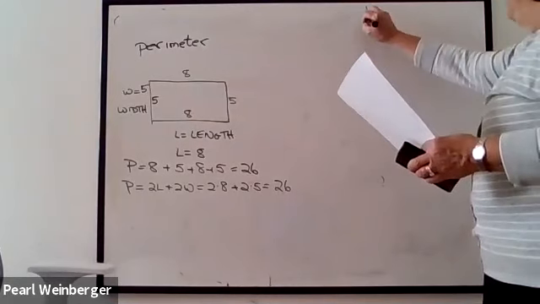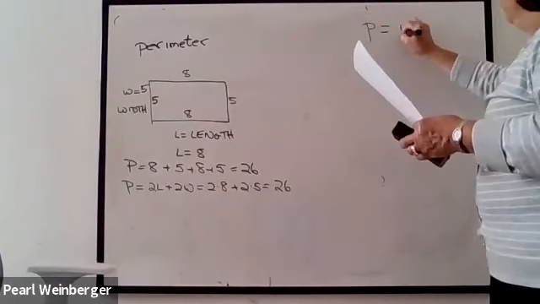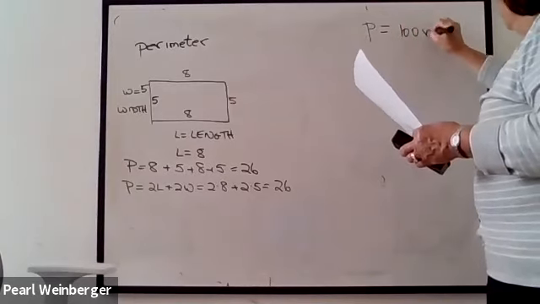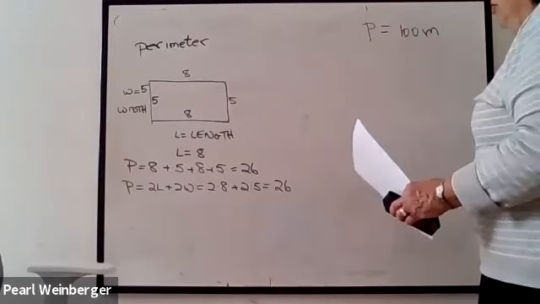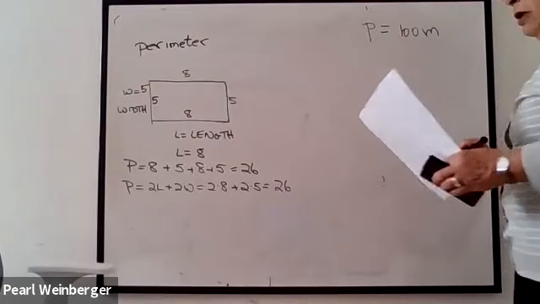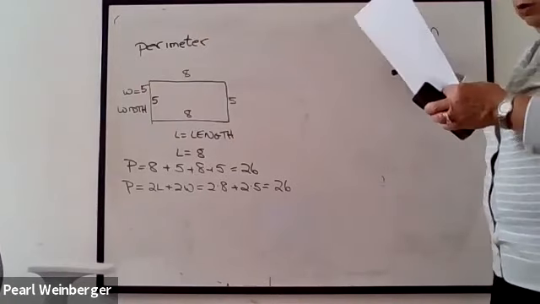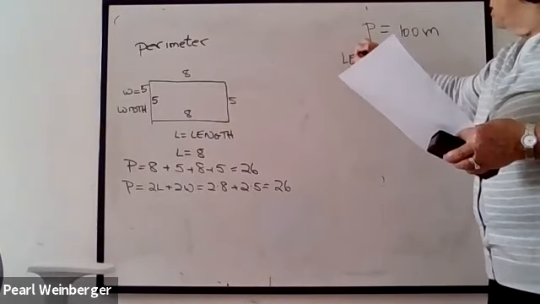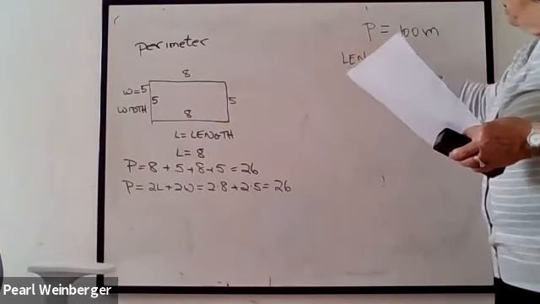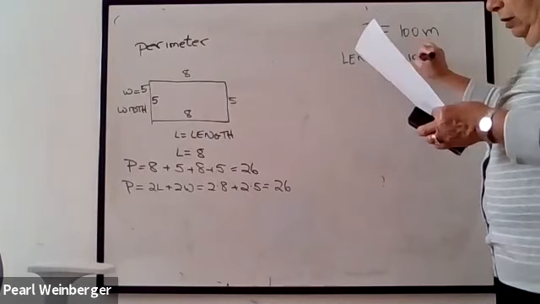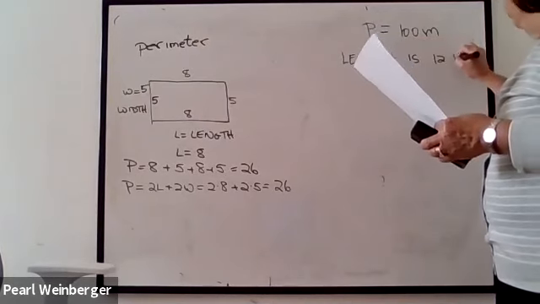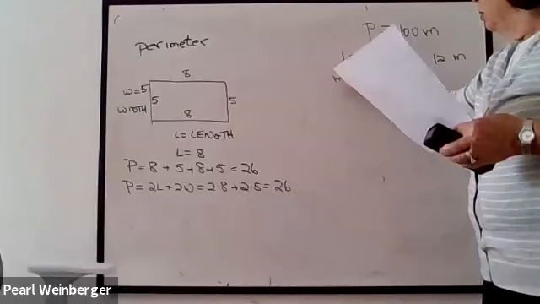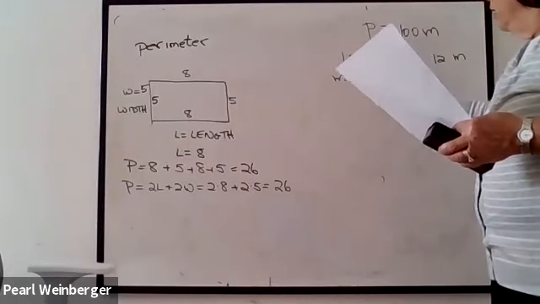The swimming pool has a perimeter of 100 meters. That means when I add up all the sides of the swimming pool, it adds up to 100. We're told that the length is 12 meters more than the width.